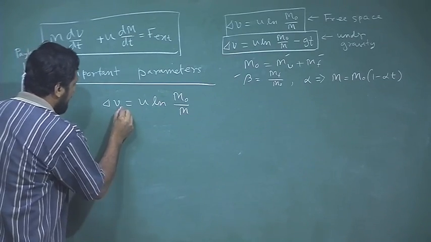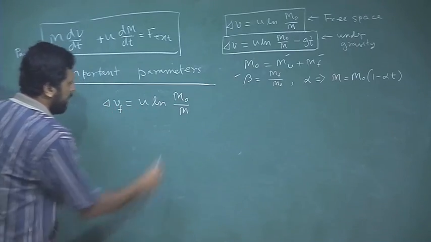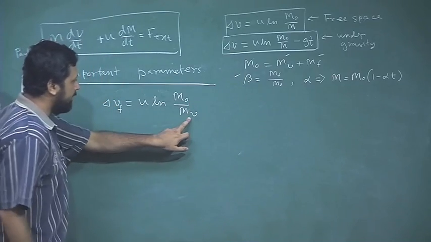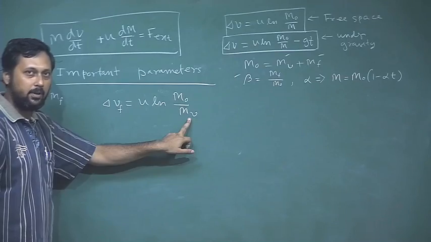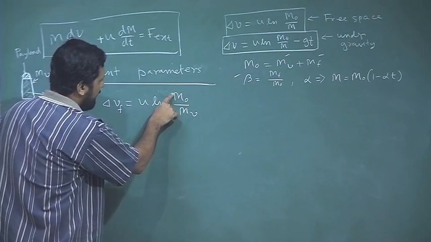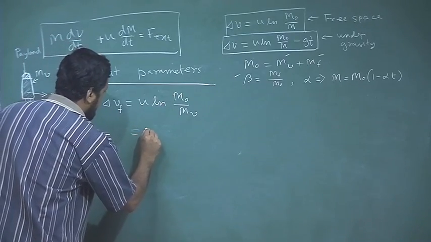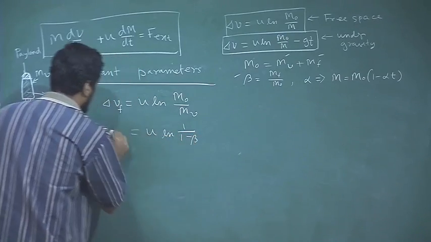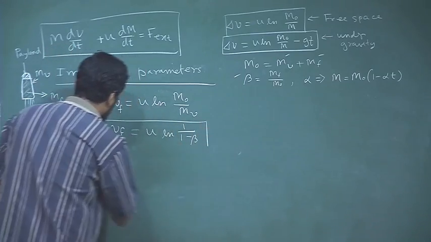So, the total velocity change, delta Vf, is obtained by replacing m by mv, the final mass of the vehicle once all the fuel is exhausted. If you recall, we found that m0 by mv is 1 by 1 minus beta, so delta Vf is equal to u ln 1 by 1 minus beta.